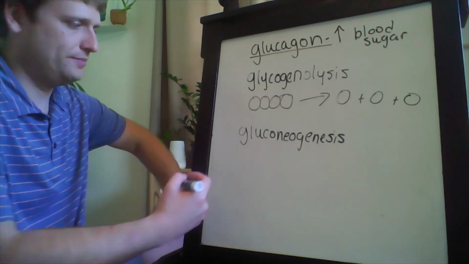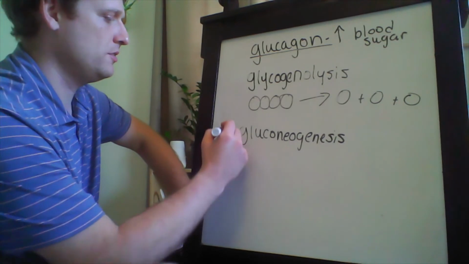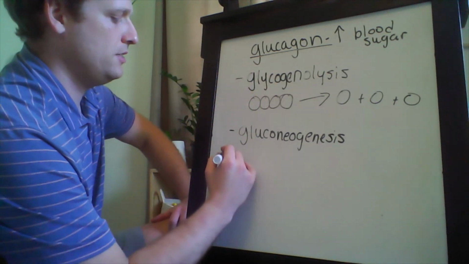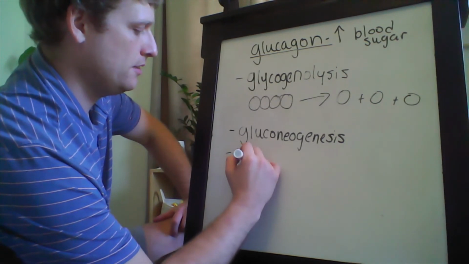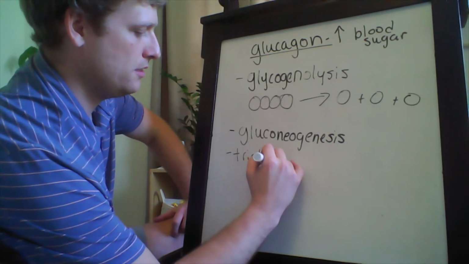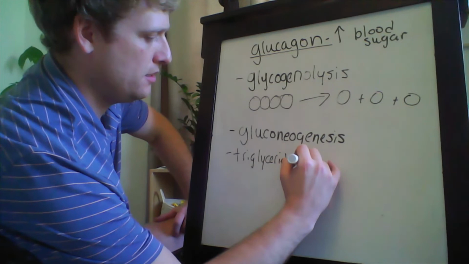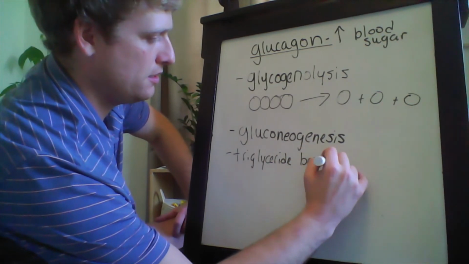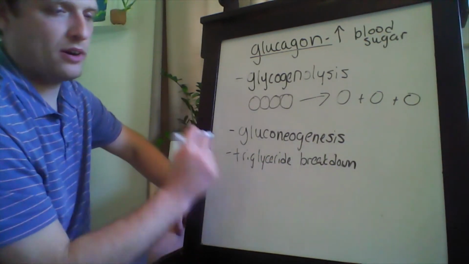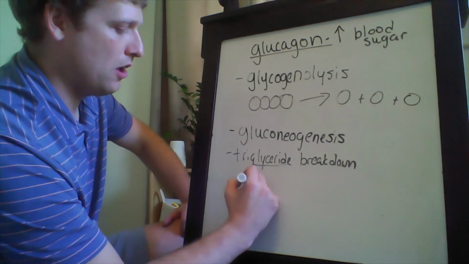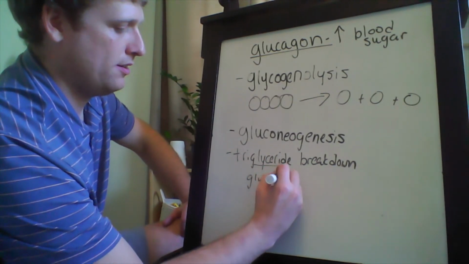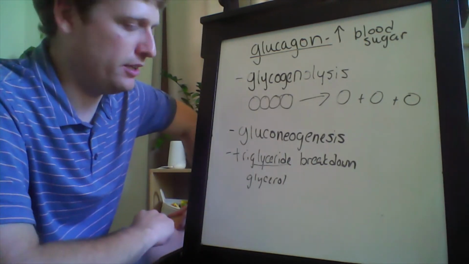Another way that you can raise blood sugar levels is to break down triglycerides. So part of the triglyceride, that glyceride comes from the fact that glycerol is a part of the triglyceride molecule.